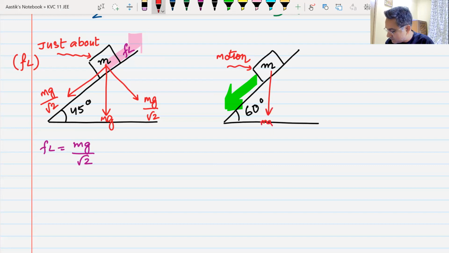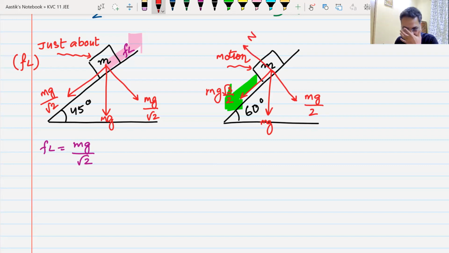mg cos 60, mg by 2. mg sin 60, mg√3/2, sir. Root 3/2 and normal reaction.